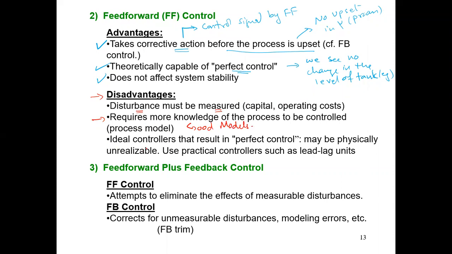The third point is ideally controllers that result in perfect control may be physically unrealizable. क्योंकि आप एक एक्शन जो है वो देख रहे हैं, it is not realizable. We will see what it means when we revise the basic theory about the mathematical way of treating this. जो practical way है, this is using the lead lag controllers, lead lag units.